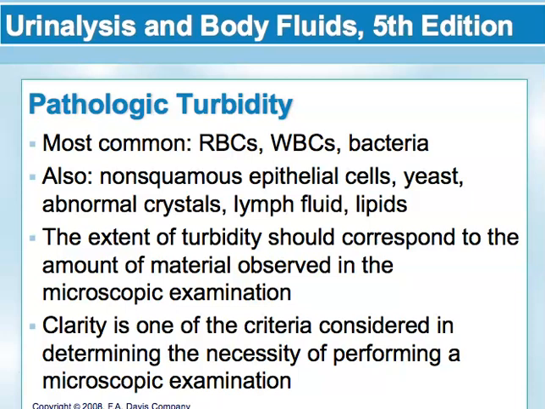Clarity is one of the criteria used for determining if a microscopic examination should be done. Not all clear urine is normal, and not all cloudy specimens are going to flag for anything on the dipstick. So if the urine is cloudy, then you would do a microscopic even if the chemical analysis is normal.